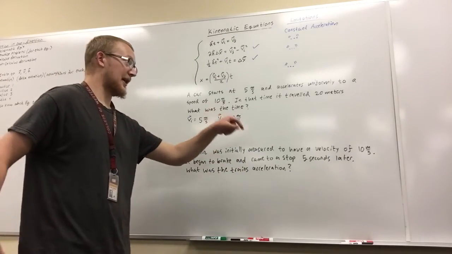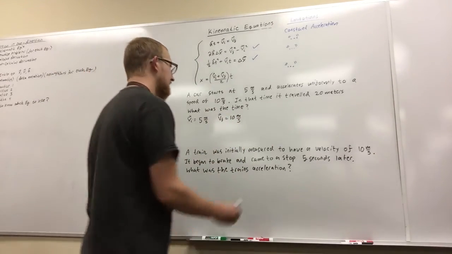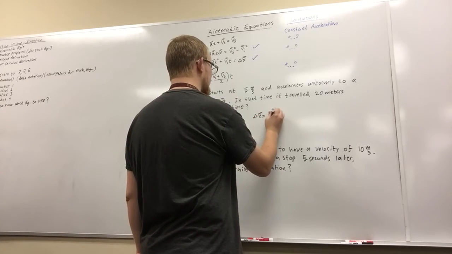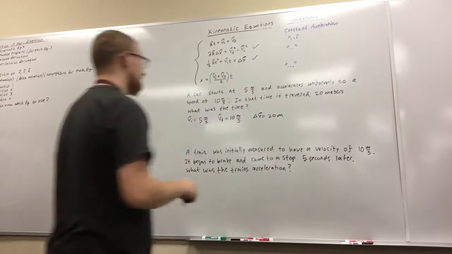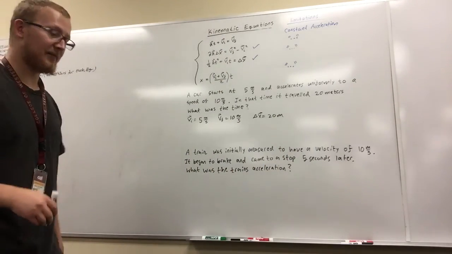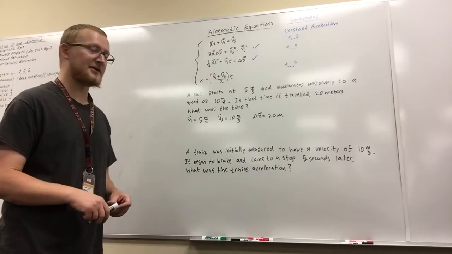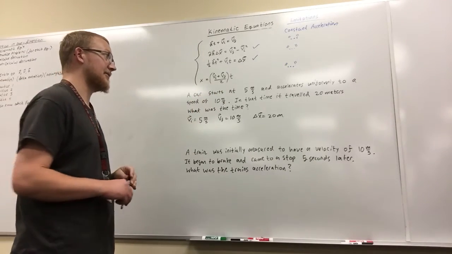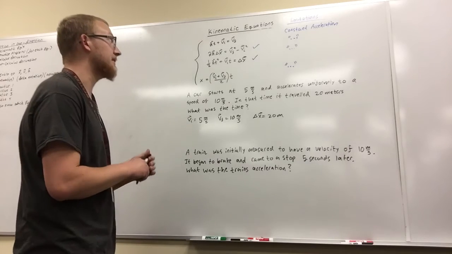In that time, it traveled 20 meters. That's delta x equals 20 meters. What was the time taken, essentially, to get from 5 meters per second to 10 meters per second and travel 20 meters? How much time did it take?